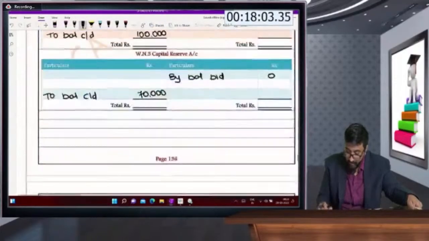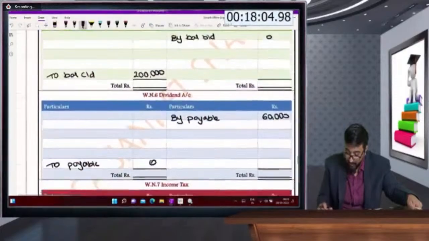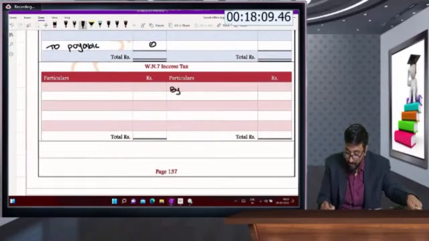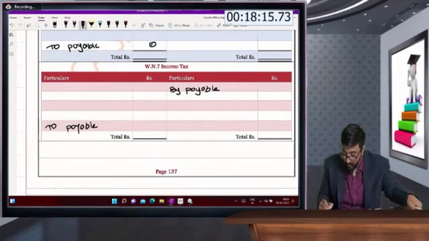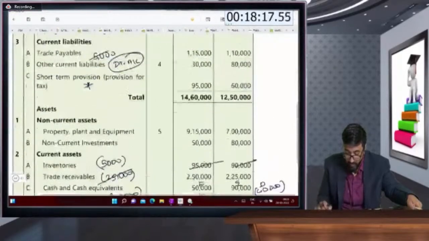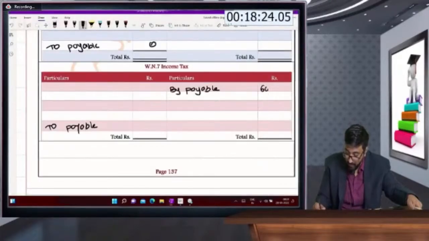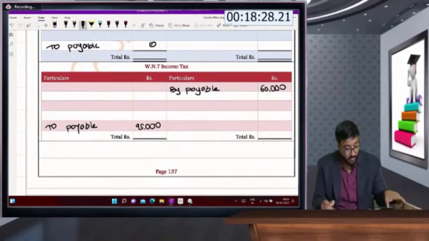Second effect, in land's credit side. One thing is remaining, beta: by payable, income tax. Sorry, I forgot income tax. See, that's why we have to go line by line. How I forgot, I don't know. 60,000 and 95,000. By payable, 60,000 and 95,000.